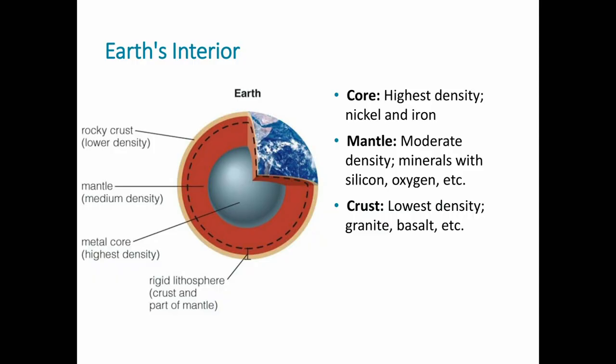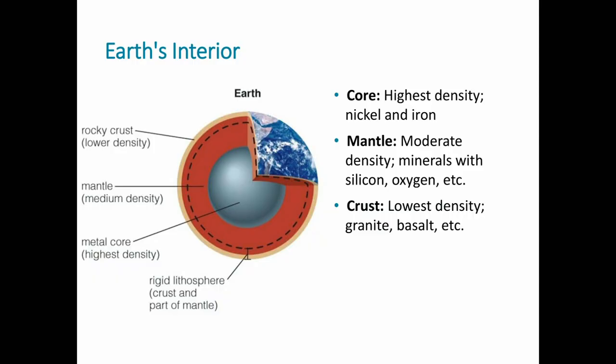Then out from the core, there's the mantle. Again, that's rocky material, but it's under extreme heat, so those rocks will be not quite a liquid, but also not quite solid either. And then the lithosphere includes the crust, where you have your solid rock material.